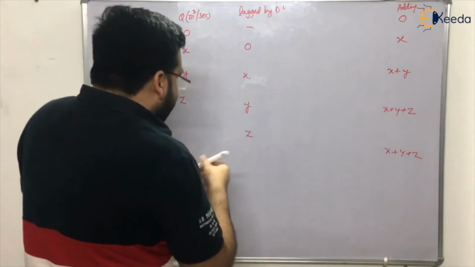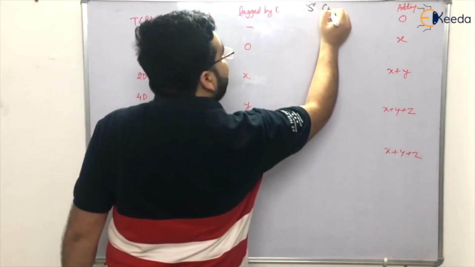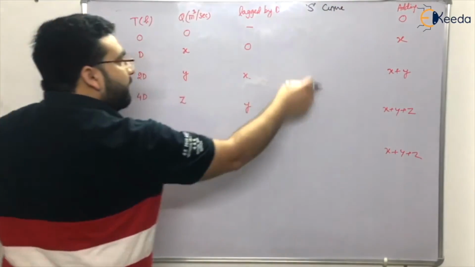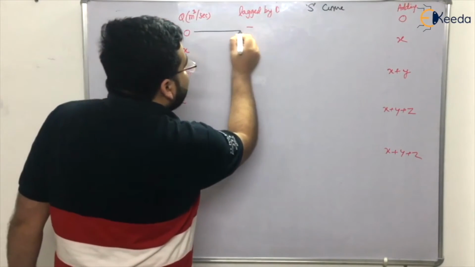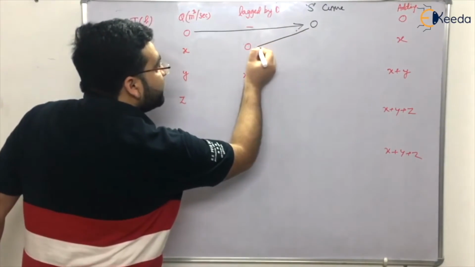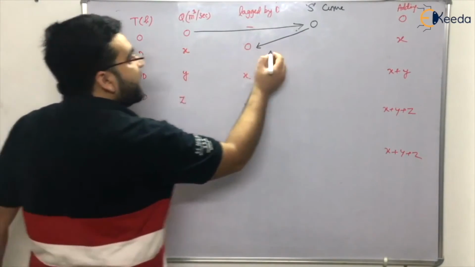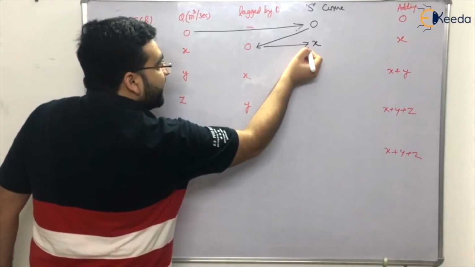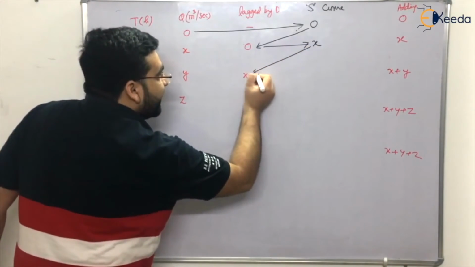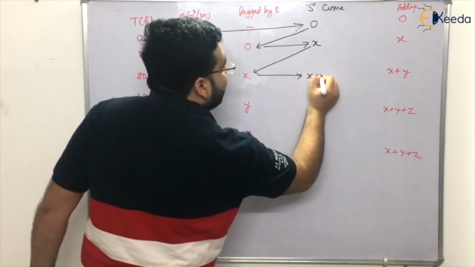Now the next thing is that this is your S curve. Directly I'm writing it as the S curve. No need to write lag by, lag by, lag by again. It will take a lot of time. So first of all, write this discharge here. Then we had taken 0 here, and 0 plus x gives you x. Clear? Now take x here, take your value of x here, add x plus y, and you will get x plus y.